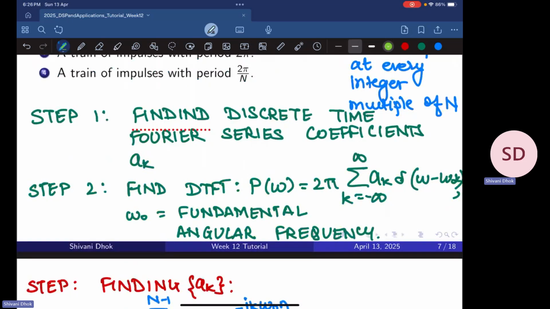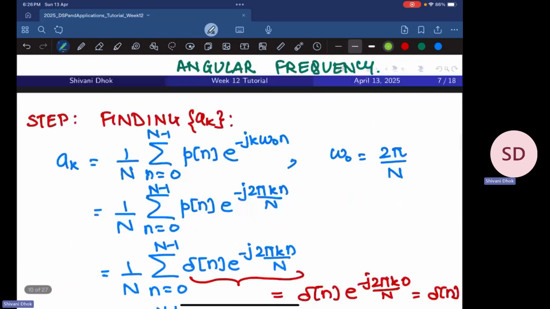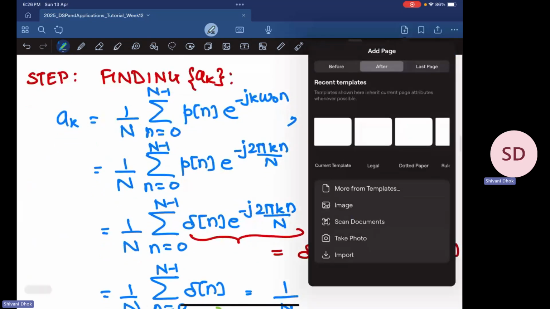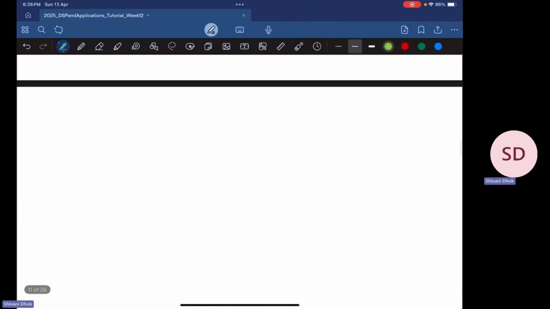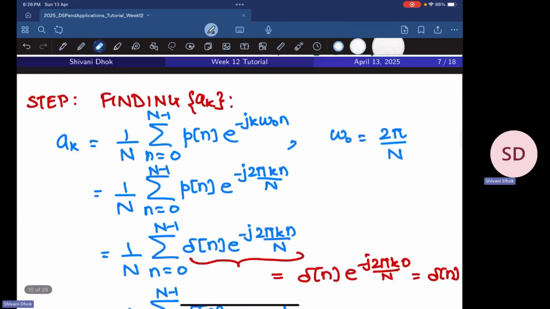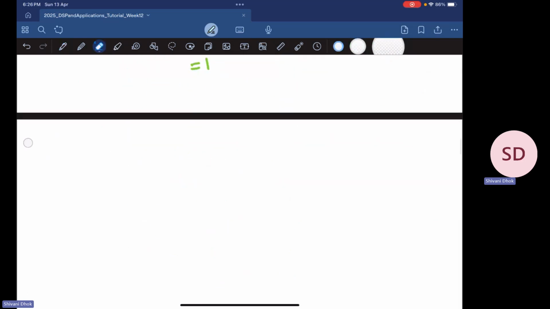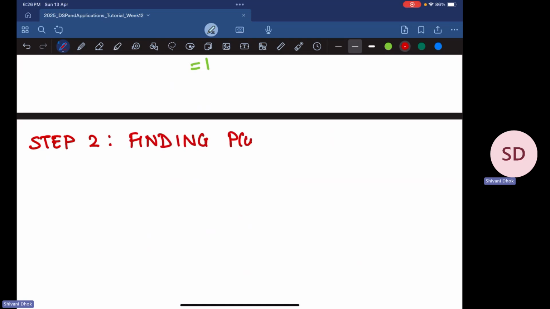The next step is to substitute these a_k's to find the DTFT. So let us do that quickly. So now we will do our step 2, finding P of omega. So what do we get?